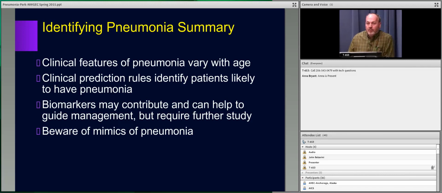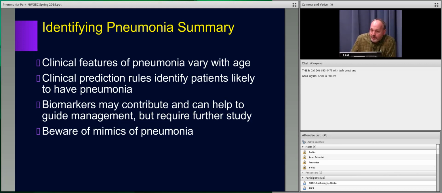All right, so identifying pneumonia in summary. The clinical features of pneumonia vary tremendously with age. So in your elderly patients, watch out for people who just aren't themselves. That could be pneumonia. It could be a UTI. It could be they didn't have a good night's sleep. You've got to think about all those things.